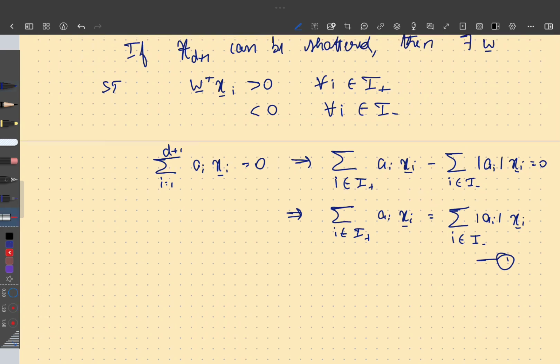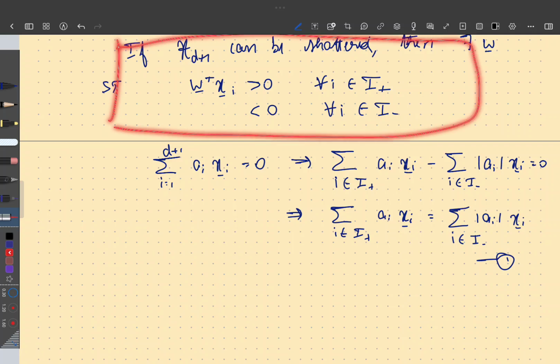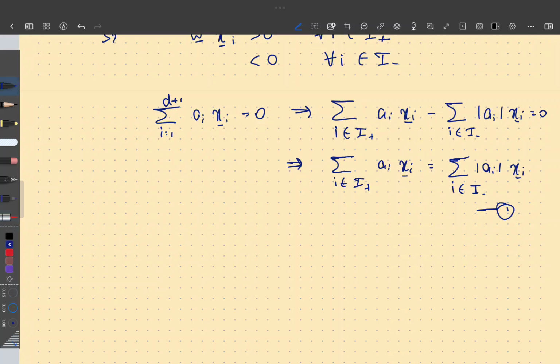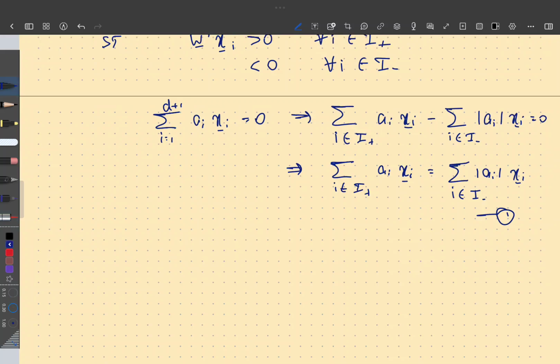So now going back, if x1 through x_{d+1} can be shattered, then there should be some predictor which gives positive sign for all those which are in I plus and negative for all those in I minus. For I plus, w transpose xi should be greater than 0.